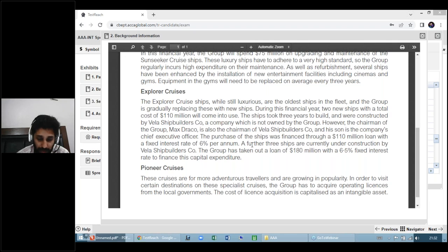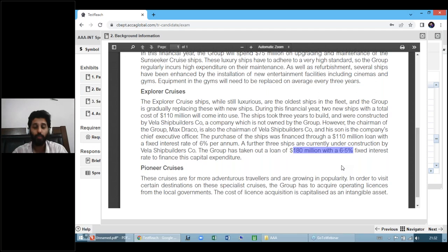A further 3 ships are currently under construction by Vela Shipbuilders. The group has taken out a loan of 180 million with a 6.5% fixed interest rate. And it is the application of the borrowing cost. What does the borrowing cost standard say? By definition, a ship is not something which can be constructed within hours. It takes a substantial time period, that is 1 year.